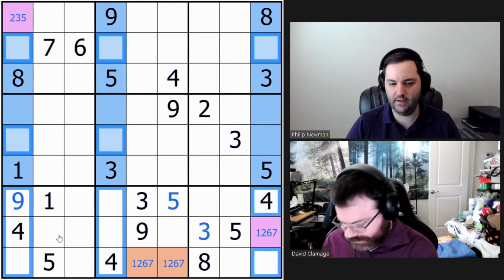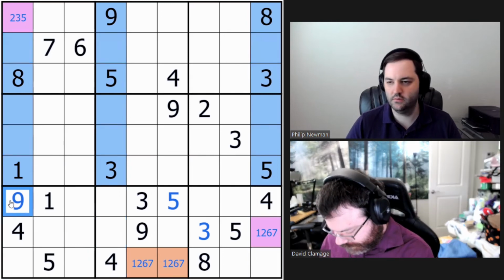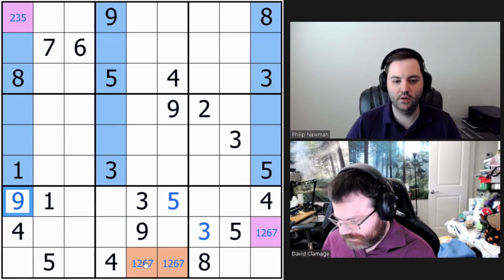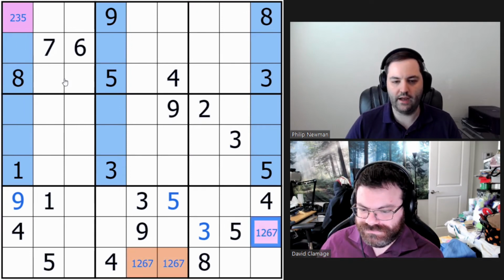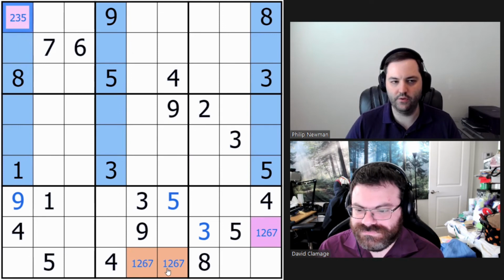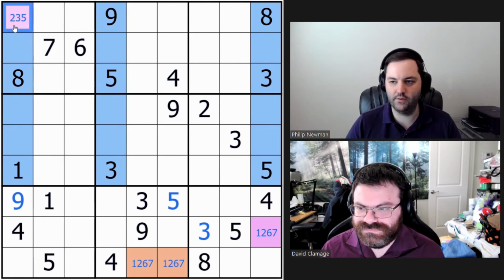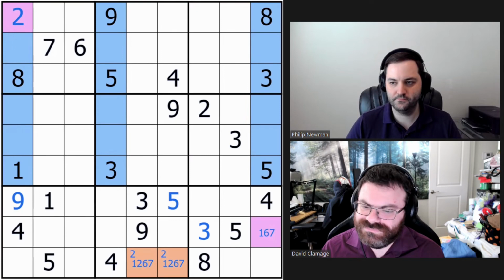So in fact, in this case, if this were 9, and we don't know that it's a 9, whatever these 2 cells are have to be here and here. And since the only digit from the orange cells that is in this target cell is a 2, we just get a 2 there. And one of these has to be a 2. And this is not a 2. Okay. So that's kind of how a senior Exocet works.